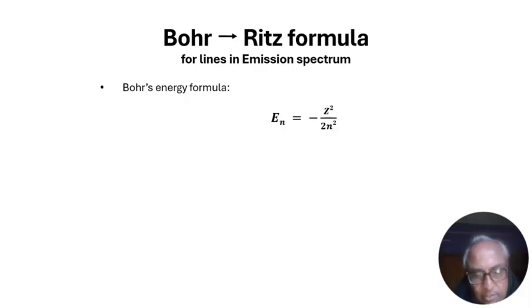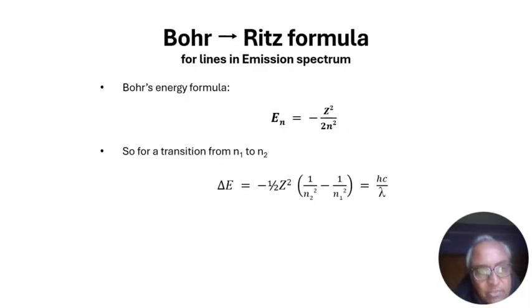So with this energy formula, for a transition from stationary state n1 to stationary state n2, the difference of energy, which will be equal to the energy of the radiation emitted, is equal to minus half z squared into 1 upon n2 squared minus 1 upon n1 squared, which has to be equal to hc by lambda.